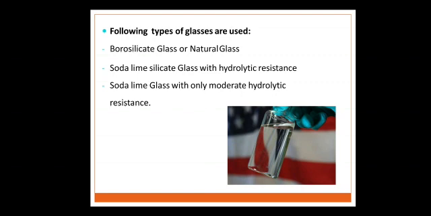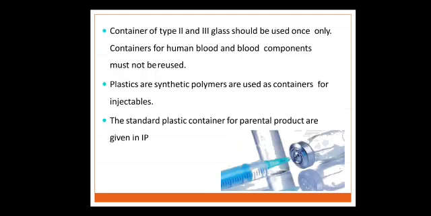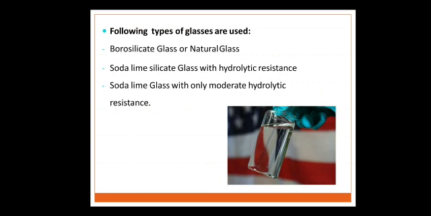And third one is the soda lime glass with only moderate hydrolytic resistance. These glasses are also known as type 1 glass, type 2 glass and type 3 glass. Type 1 glass means what? It is called borosilicate or neutral glass, which offers high hydrolytic resistance due to its chemical composition.